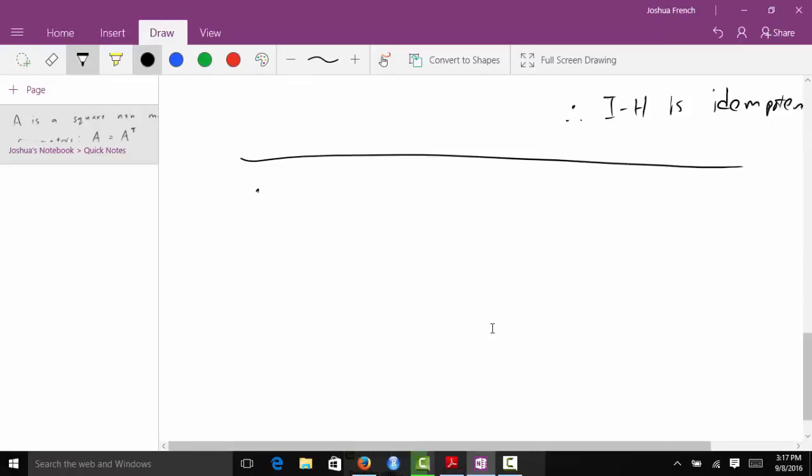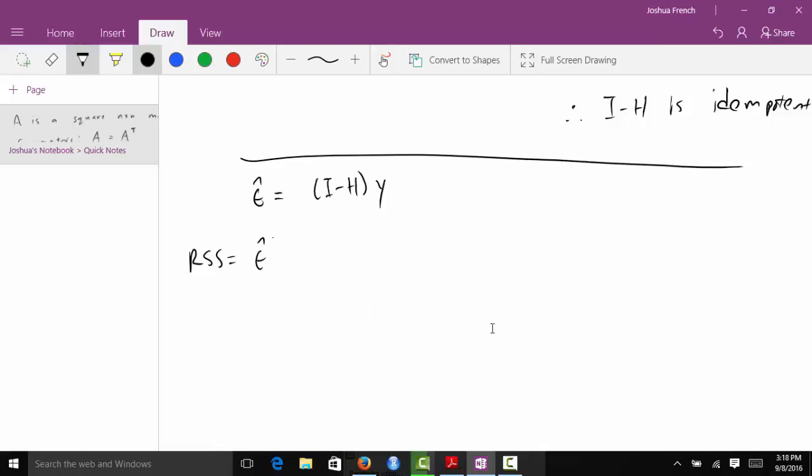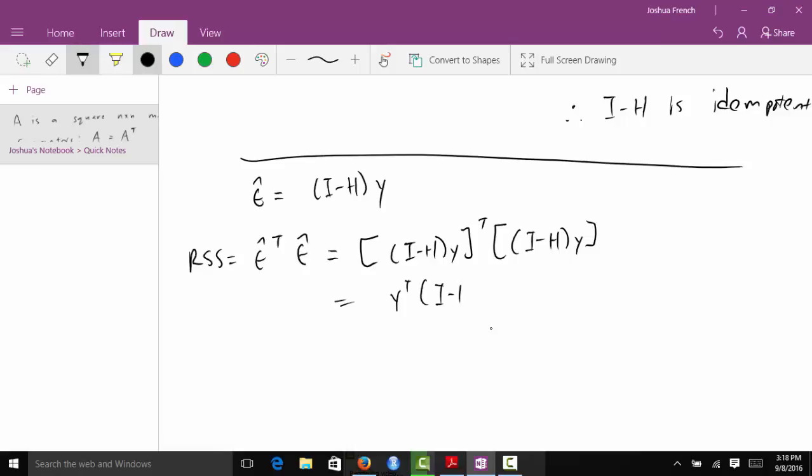So we're looking at epsilon hat, which is I minus h times y, and we are going to be calculating the residual sums of squares, which is epsilon hat transpose epsilon hat, which by substitution is going to be I minus h times y, transpose, times I minus h times y. And so simplifying the transpose on the left-hand side, we get y transpose times I minus h transpose times I minus h y.